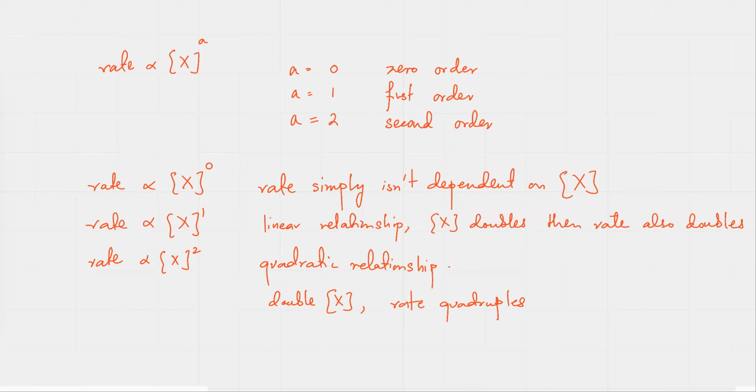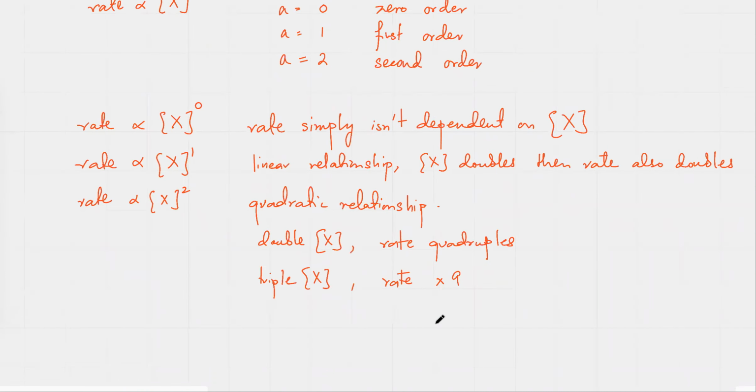Similarly, if you triple the concentration of X, what is 3 squared? The rate becomes 9 times. So if you triple the concentration of X, the rate becomes 9 times. Similarly, if you decrease the concentration by half, then the rate decreases by 1/4.